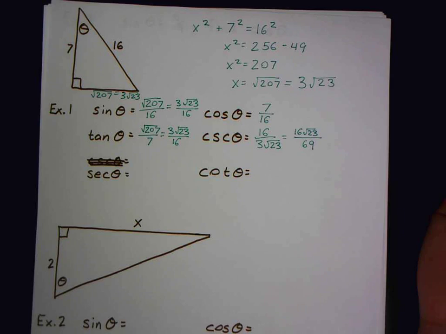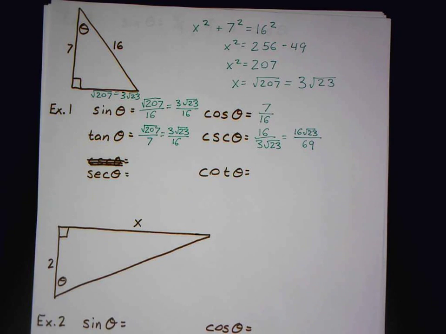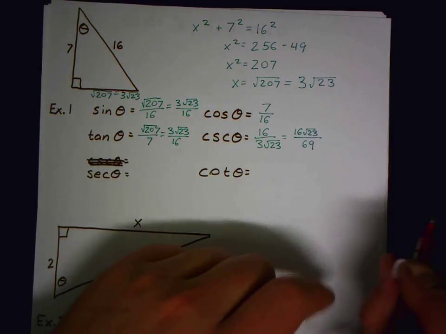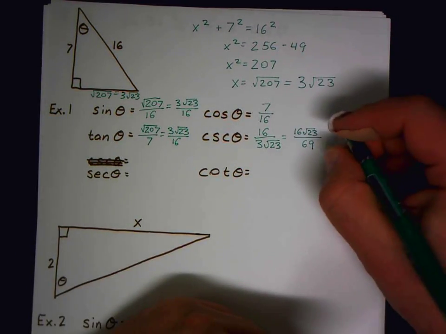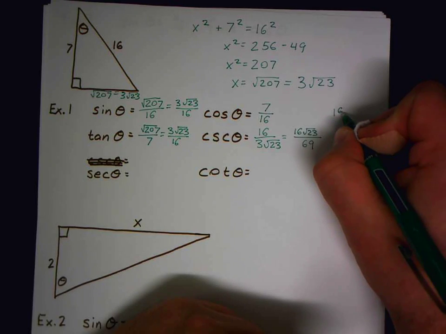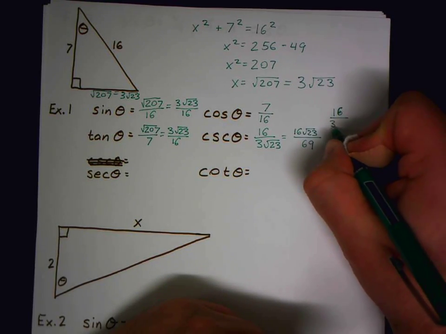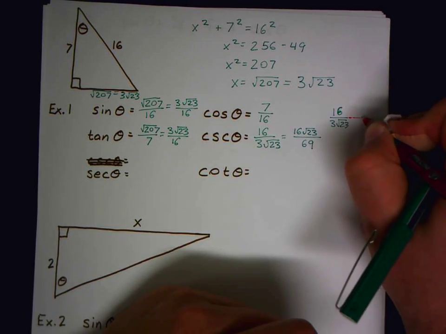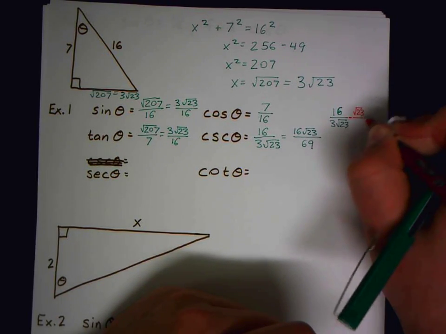Would multiplying by radical 23 on the top and the bottom just cancel out the radical 23? Yes, but you're left with a 23. Oh, yeah. So that's what I did. I took 16 over 3 radical 23, and I multiply by radical 23.